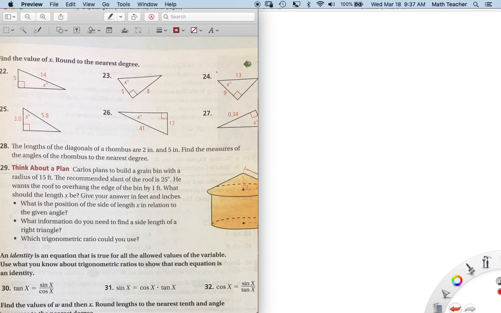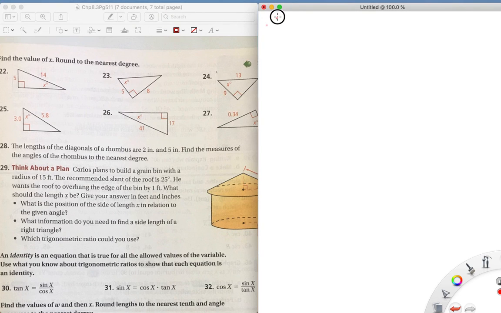So in this case, my angle is x, and we're going to do everything in relation to that x. 14 is opposite of the 90 degree symbol, so I know that 14 is my hypotenuse, and 5 is across or opposite from angle x, so it is 5.